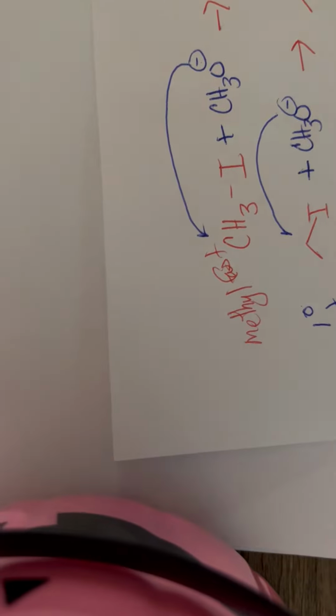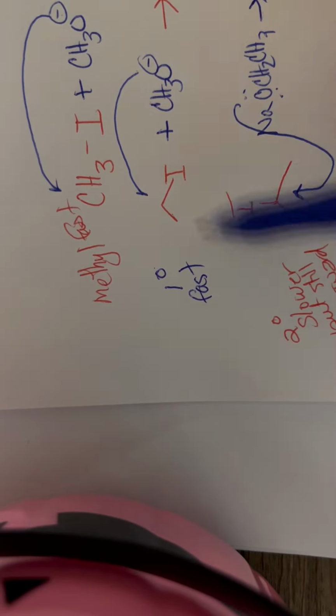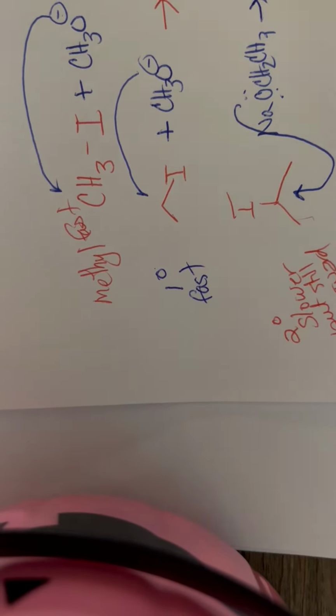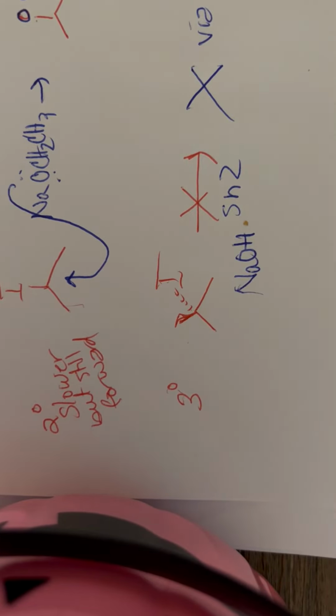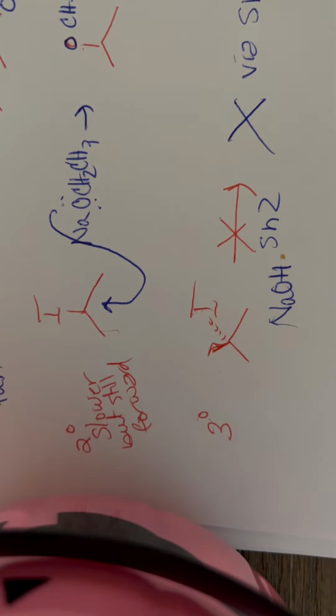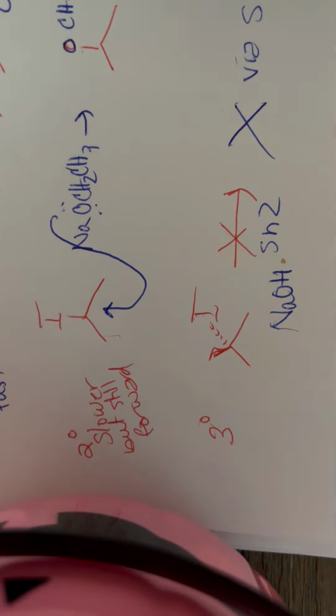So methyl is the fastest, then primary, then secondary, and tertiary for SN2 will not react. Next video, we will talk about introduction to SN1.